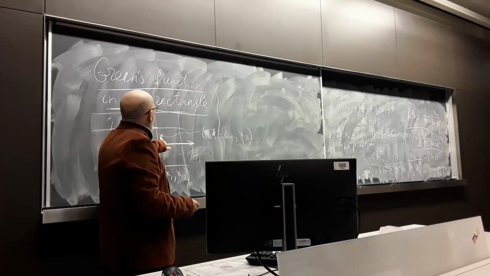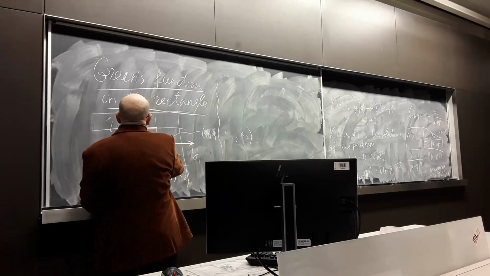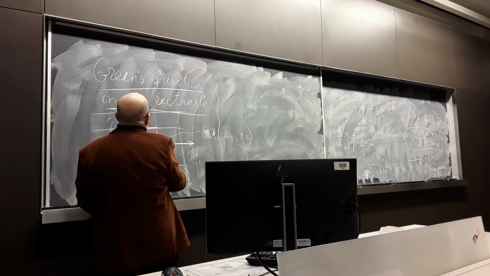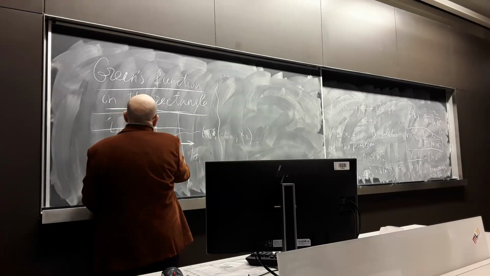This is the point such that its distance from this vertical line is the same as here. Here we put the function phi, with sign plus here and sign minus here.